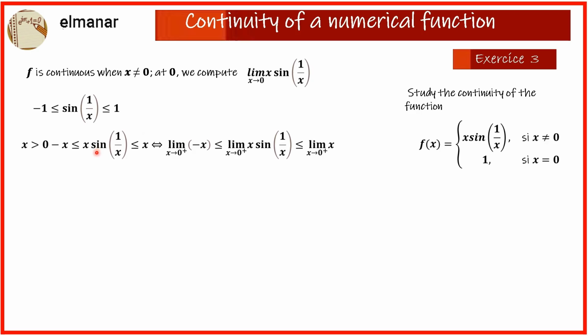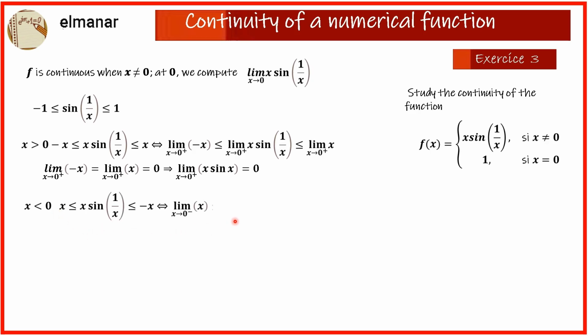If sine is trapped between -1 and 1, then multiplying it by x means the result is stuck between -x and x, or the reverse, depending on the sign of x. And what does that mean? We can use the squeeze theorem, which tells us that as x approaches 0, our function must also approach 0.